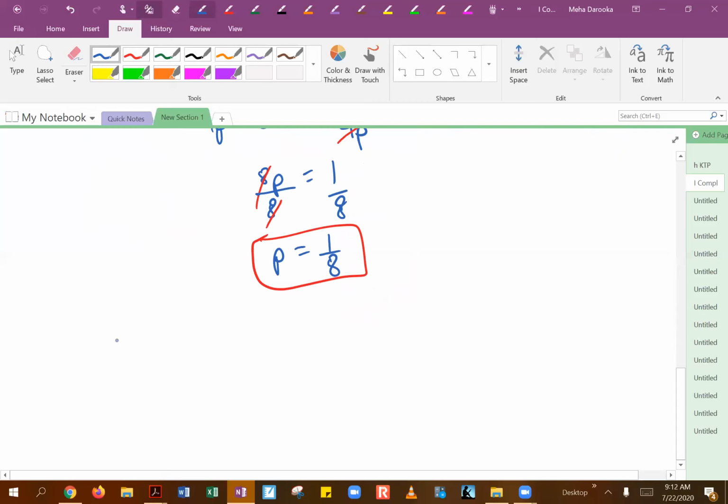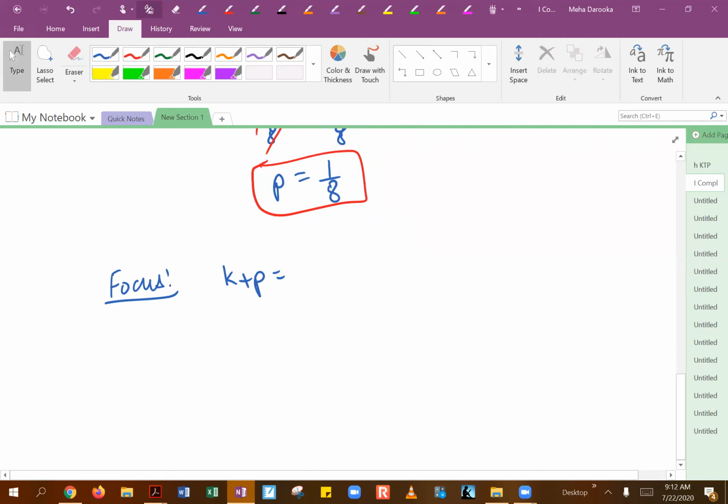So let's do the focus first. So we want to find k + p, and again our k value was -3. So -3 + 1/8 will give us what?